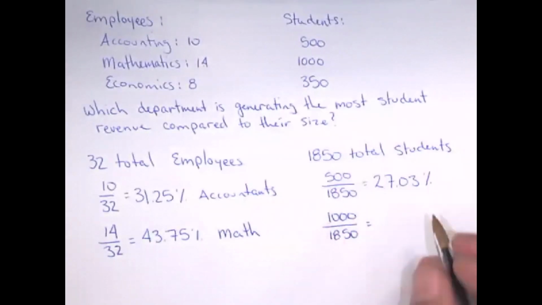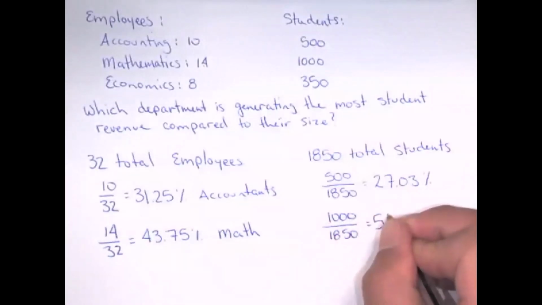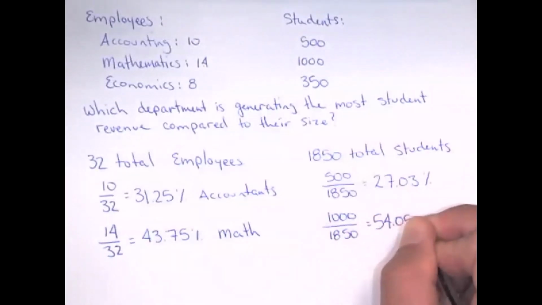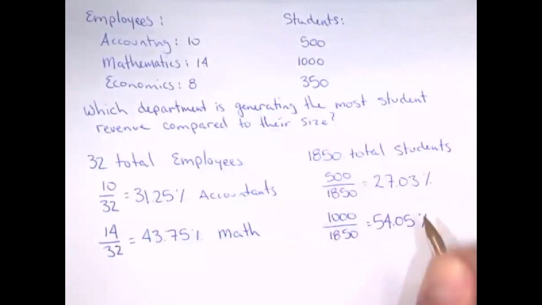And that's 54.05%. So there are 43.75% of the employees, or in this case, that's likely an indication of the expenditure, but they produce 54.05% of the students, which is a likely indicator of the revenue they generate.